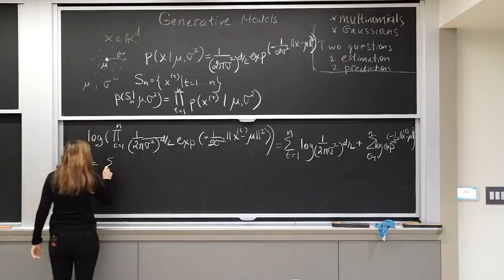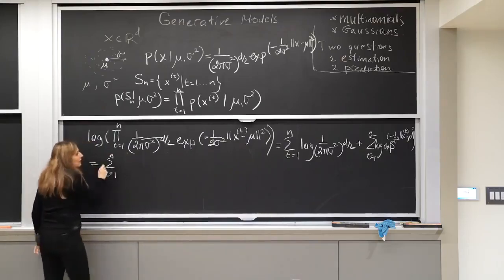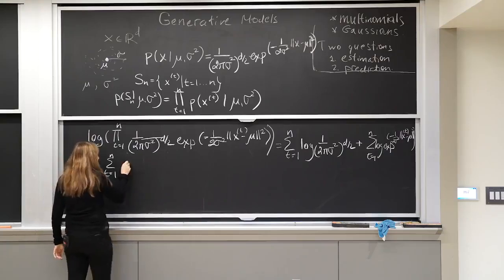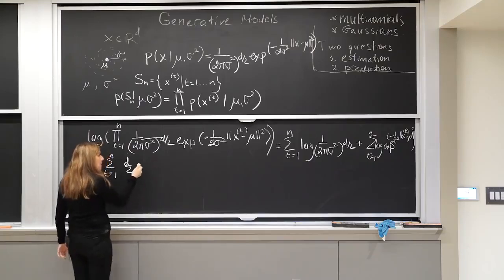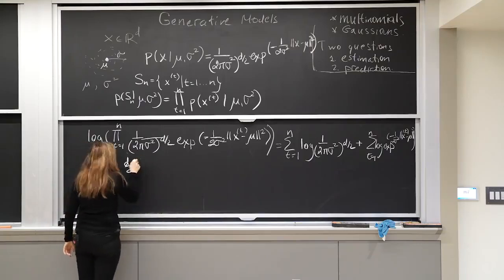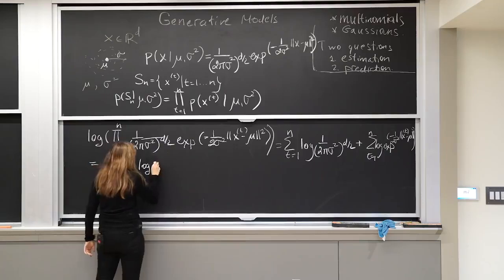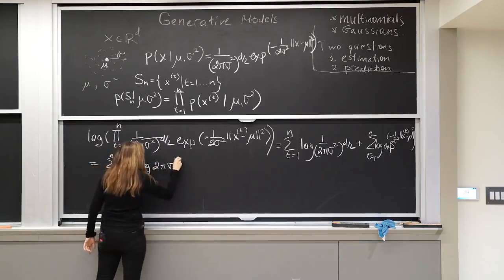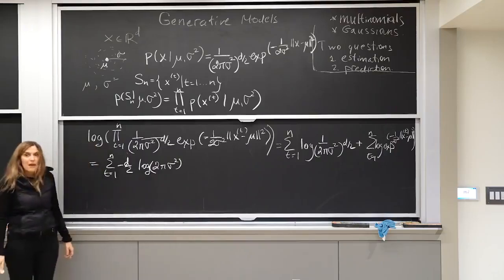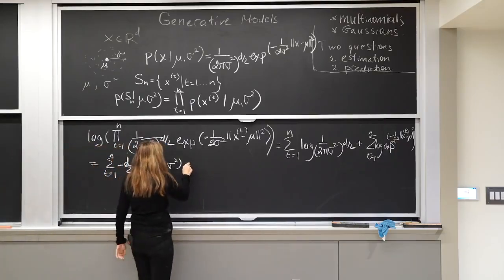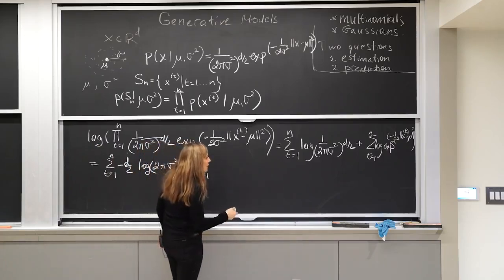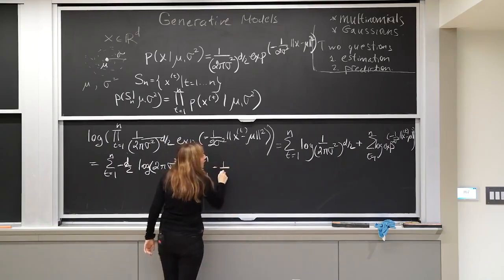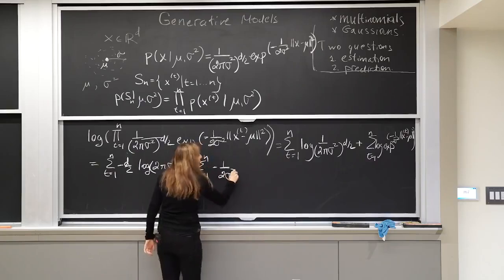Here we're again doing our sum from t equals 1 to n, and we're going to get d divided by 2, minus d divided by 2 log 2 sigma squared. And similarly, we can do the same computation here, and we are going to get minus 1 over 2 sigma squared.